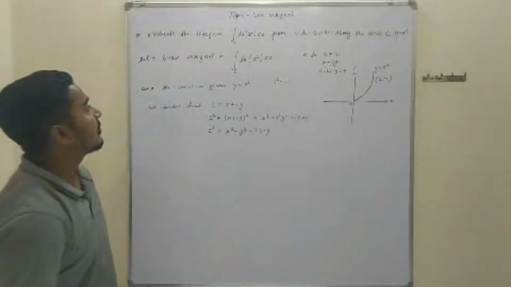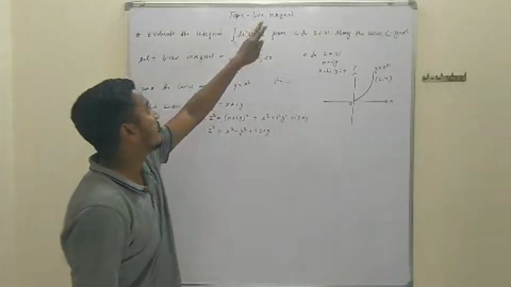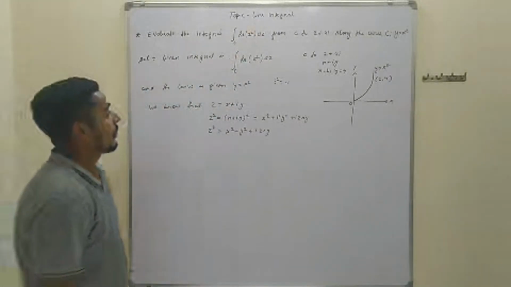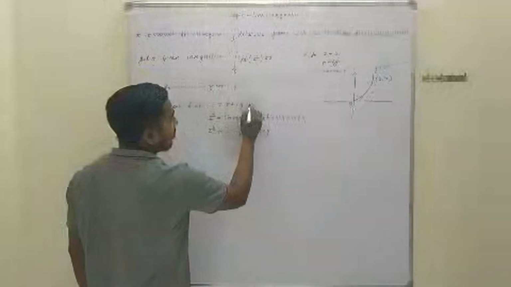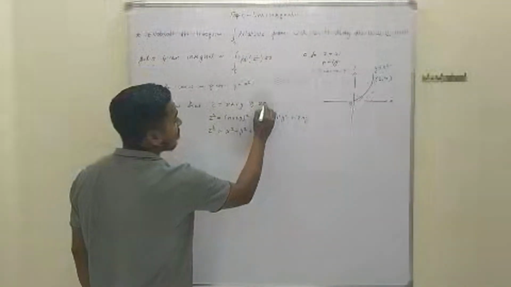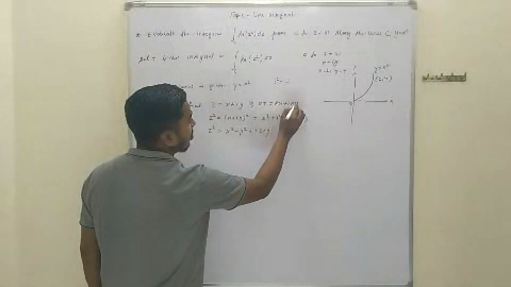In the given integral, as said earlier, we have to consider only the real part of z squared, and since z is equal to x plus iy, we also have dz equal to dx plus i dy.